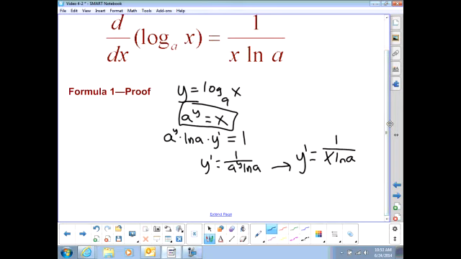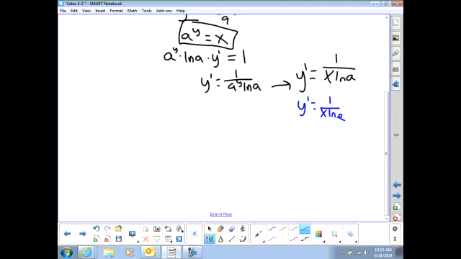Now, if a was to equal e, so you had a base e, natural log of e is just 1. So therefore, if we had started with y equals natural log of x, because that's really log base e, our derivative would just be 1 over x.